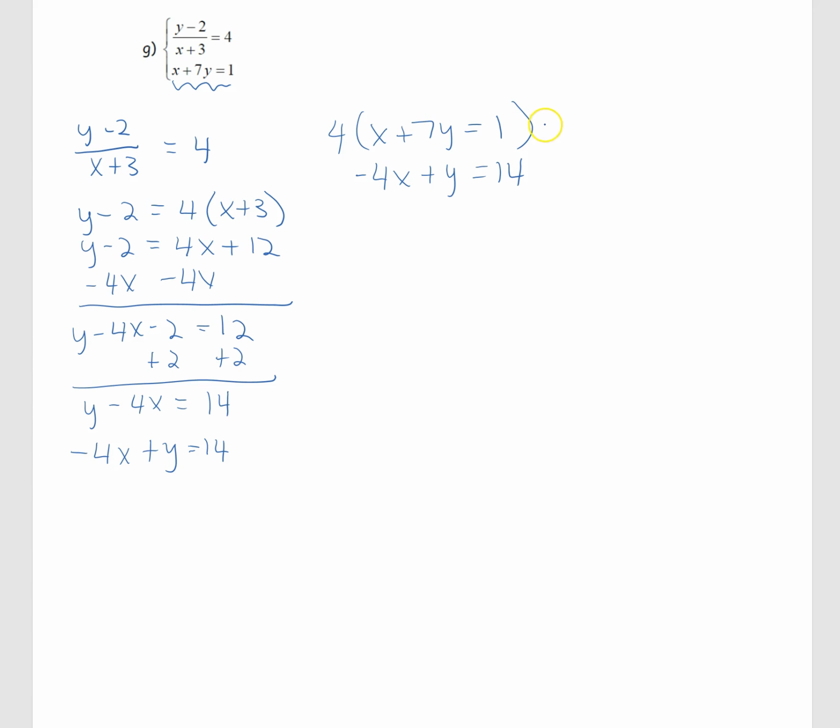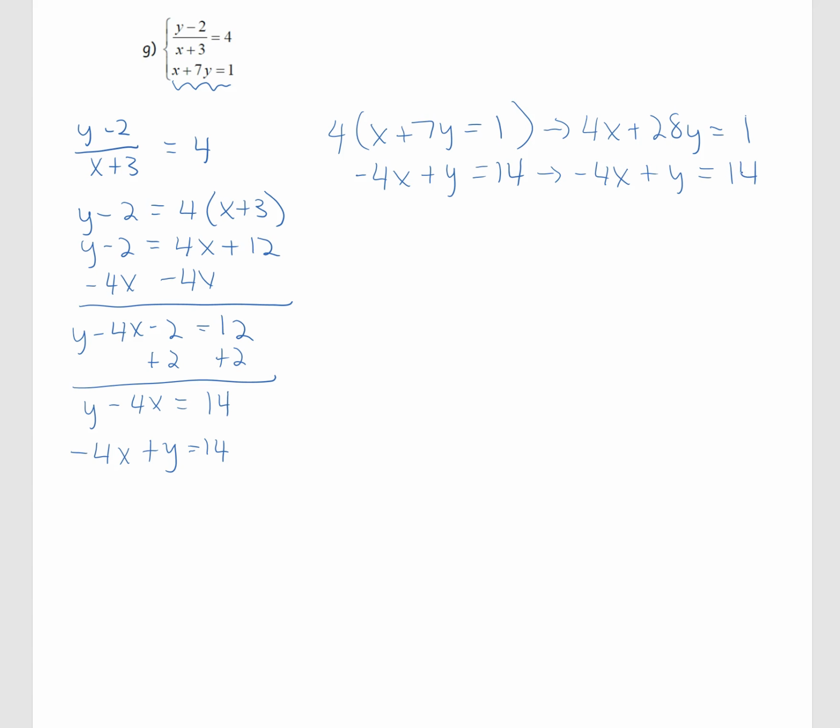So multiplying this by 4 gives me 4x plus 28y equals 1. And I'm going to take this bottom equation as is, negative 4x plus y equals 14.